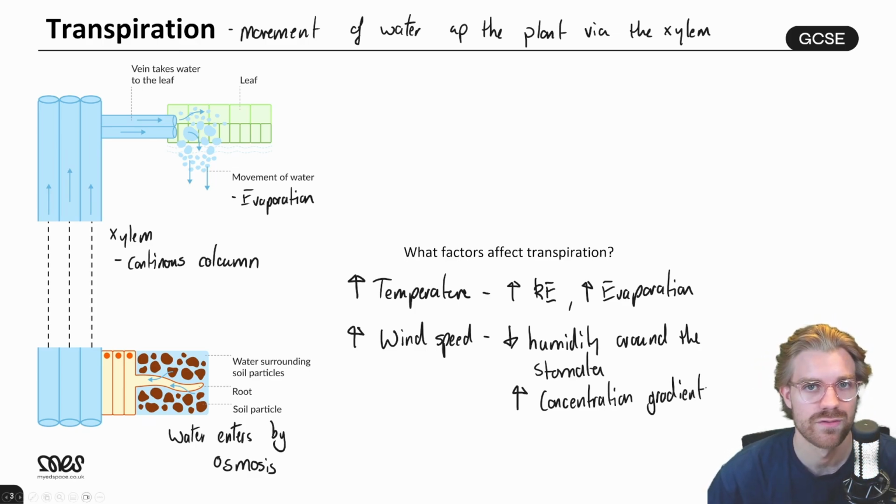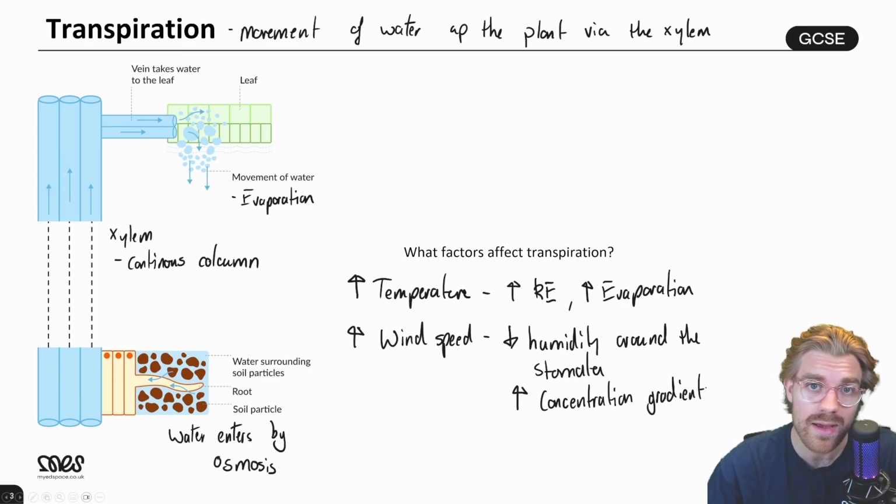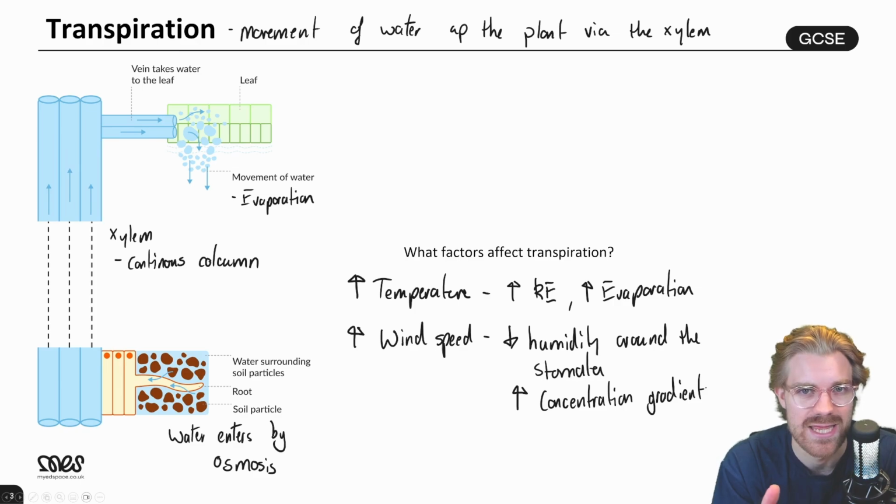Another factor that's going to affect the rate of transpiration is going to be the humidity in the air. Now, humidity is the amount of water vapor in the air. If it's really, really humid, the air has lots and lots of water vapor. And that means that there's going to be less of a concentration gradient between the inside of the leaf and the air itself.